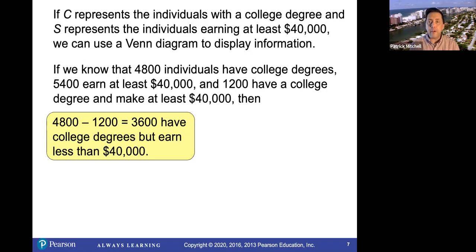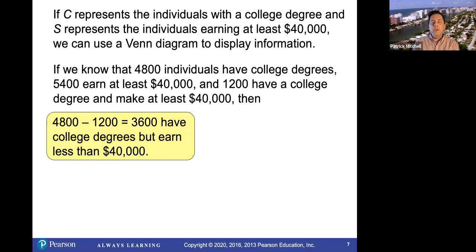So let me pause for a second here and point out, and I'll say this again later, don't read into a problem like this. When it says 4,800 individuals have college degrees, it's not saying anything about how much money they earn. So that includes people who are making more than $40,000 and people who are making less.